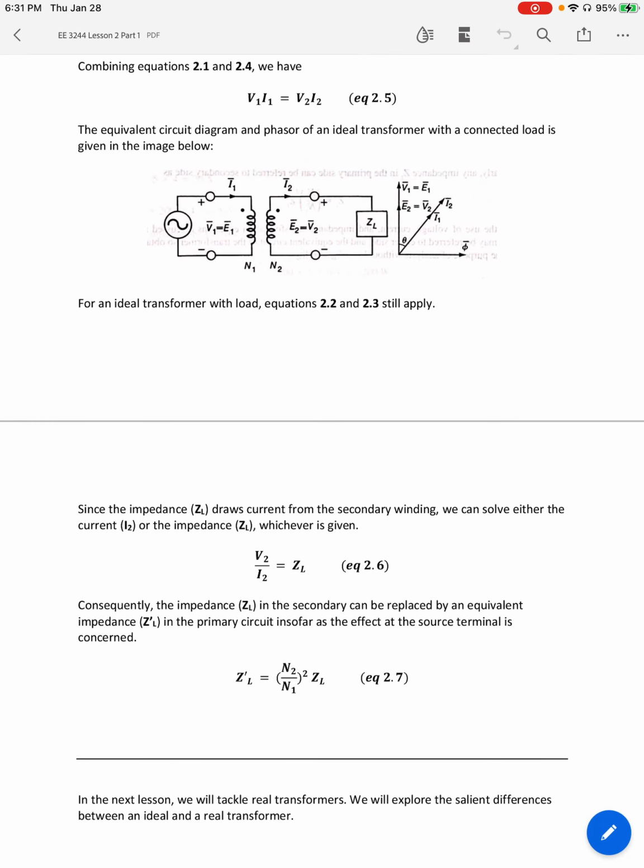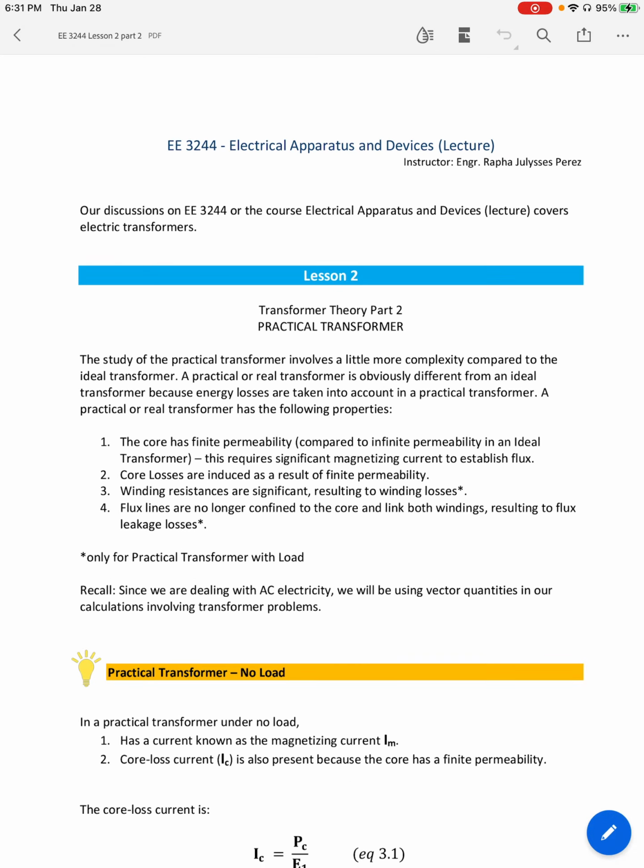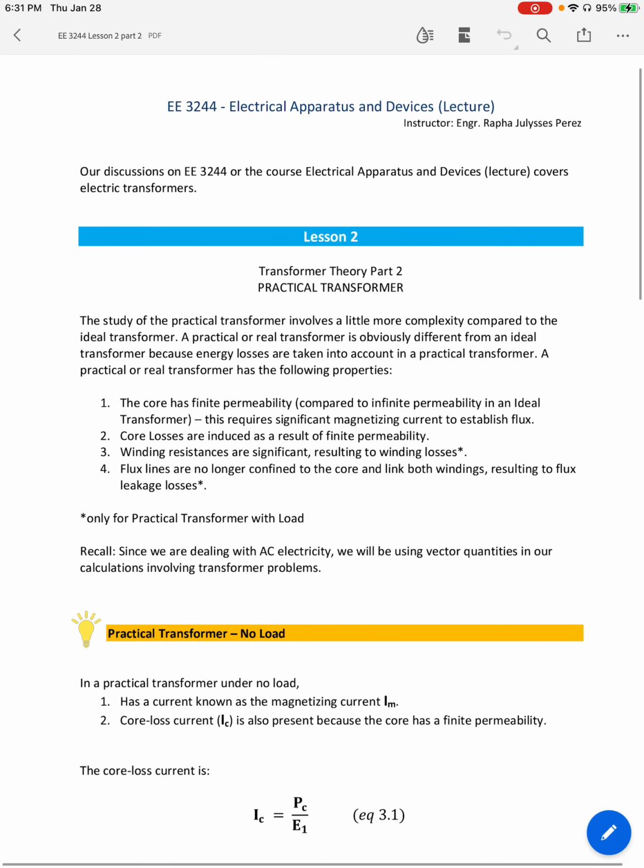So for now, let's move to the second part of our lesson, which is about practical transformers. Basically, in a practical transformer, we can now count the losses and the internal resistance and reactance, whose equivalent is impedance, which is a vector quantity.